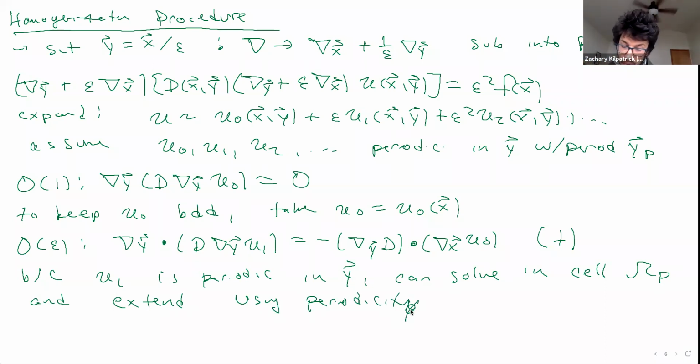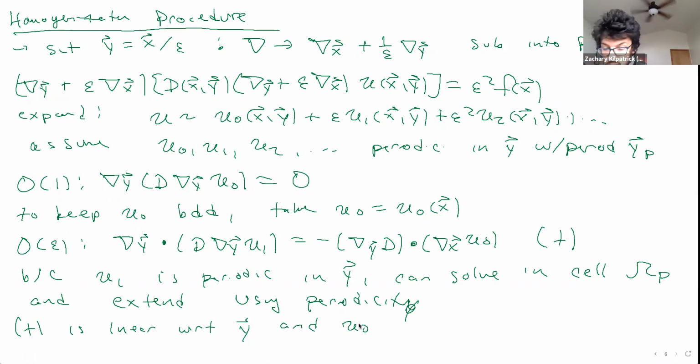So there's a couple things that we can note. First of all, this PDE here, okay, it's linear with respect to y, and u0 does not depend on y, okay?